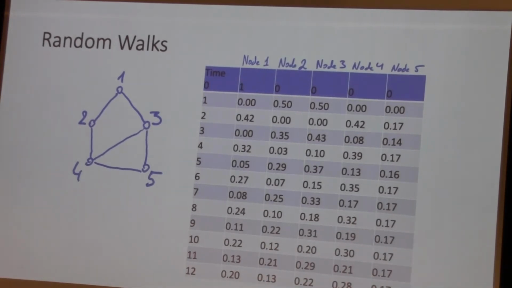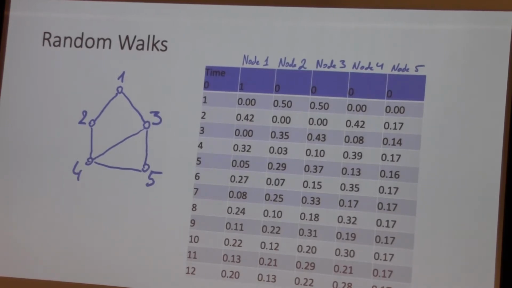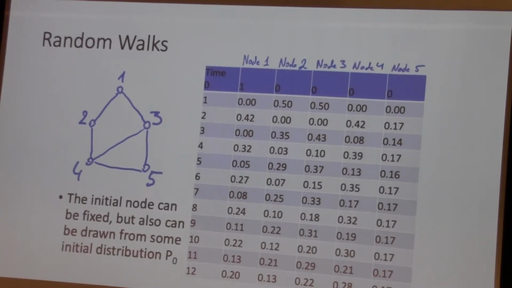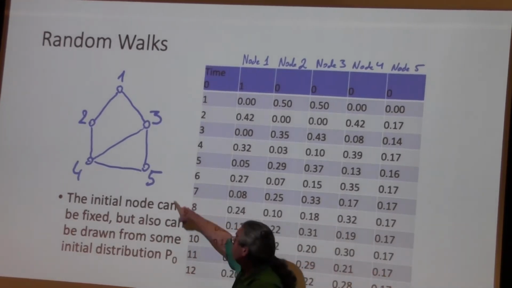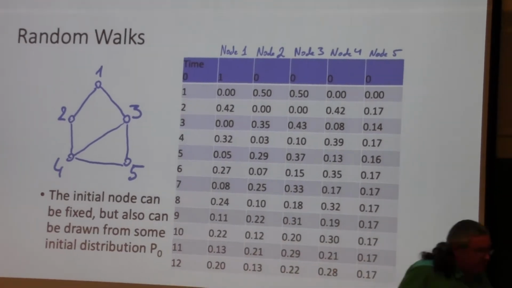So what happens to this sequence? If you keep walking around, will you have some kind of convergence? We have fixed probability. Okay? So we have some fixed initial node, but you could also have some other kind of beginning, yeah?